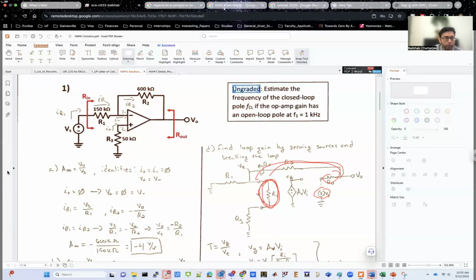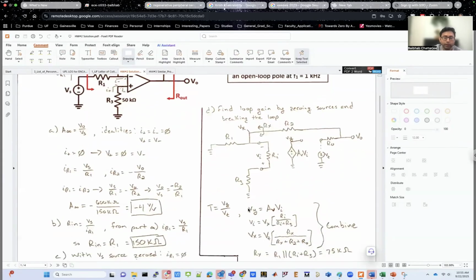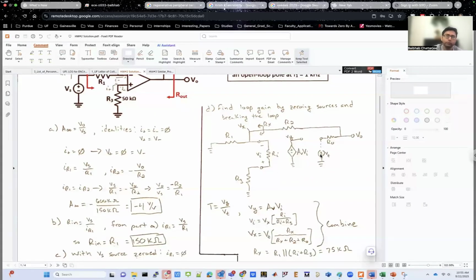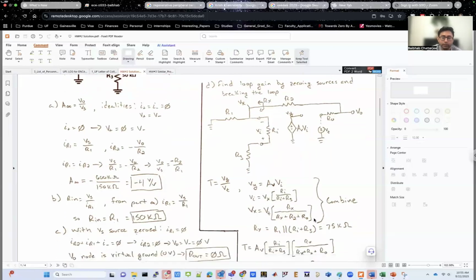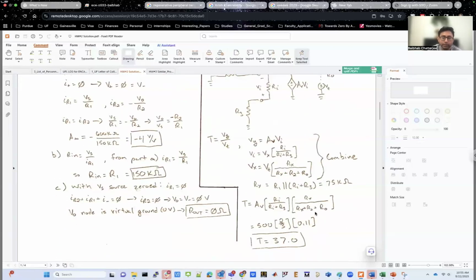And again, I'll not go through the math over here. Maybe I'll show that in one final example, but in general, that's the concept. You already know how to find voltage divisions if you have a resistive network, and we have also seen some of these examples earlier in the class. Eventually, you end up with a voltage division ratio like this. So this is going to be your beta.